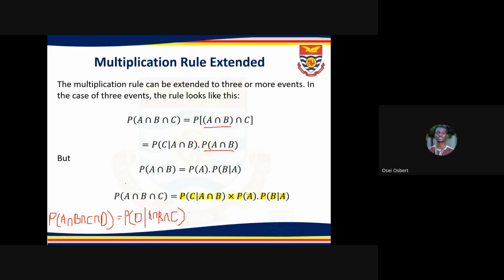And this probability can be given as probability of C, given that A intersection B has occurred.